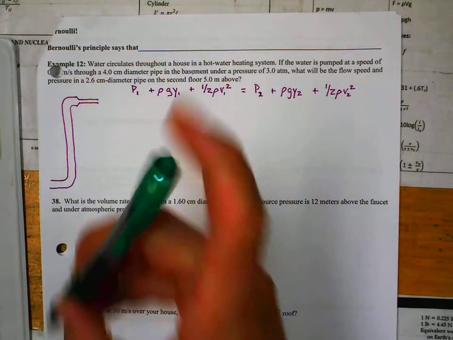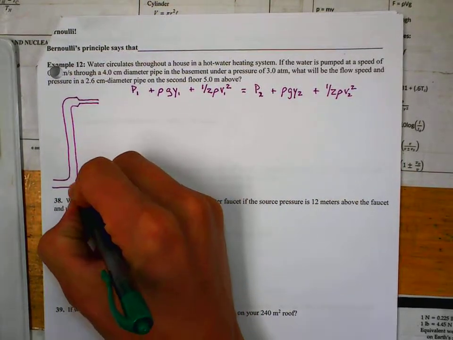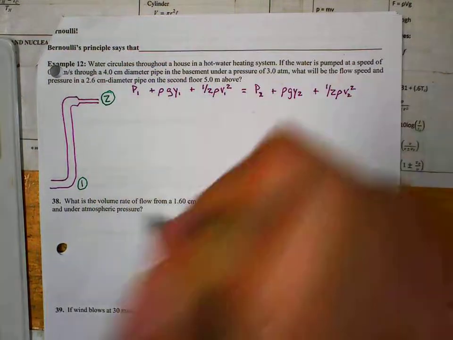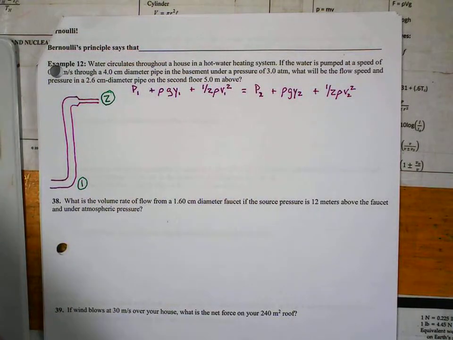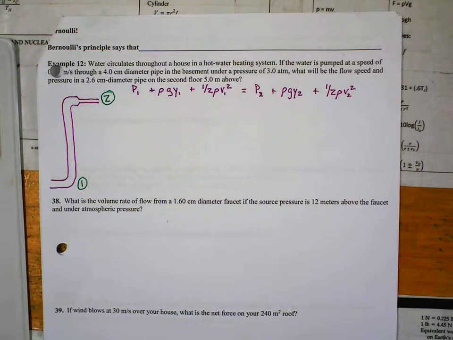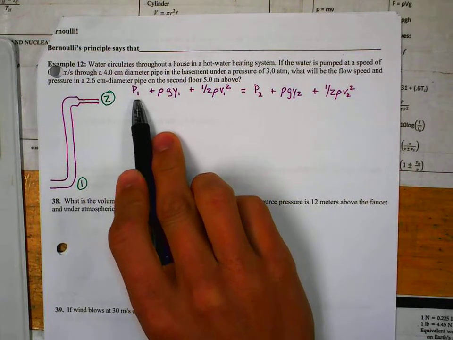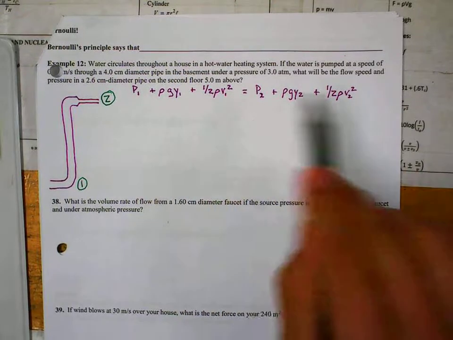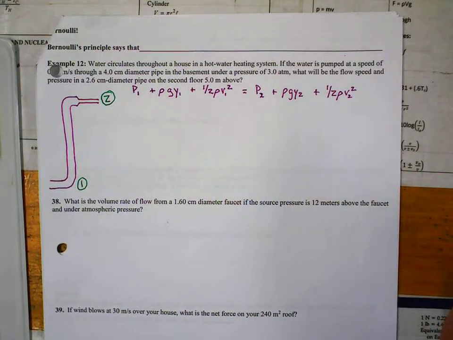So let's make the basement 1, and let's make the upstairs 2. And the nice thing about Bernoulli's principle is something always cancels. You actually never use this equation with all 6 terms. One of them always cancels, and sometimes more than one of them.